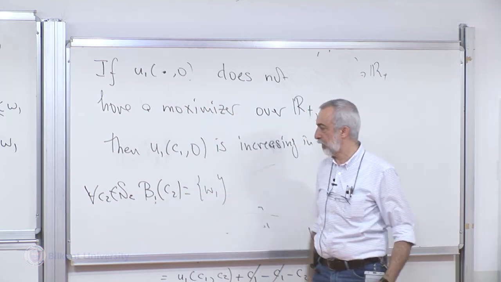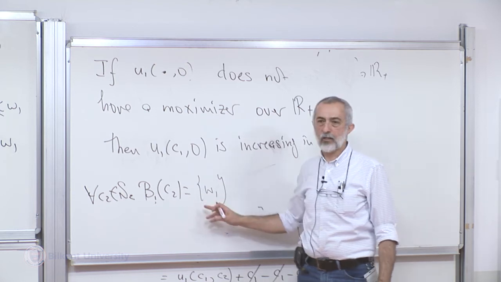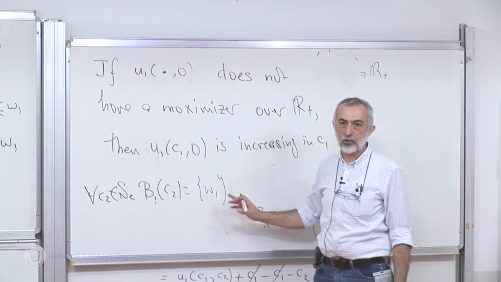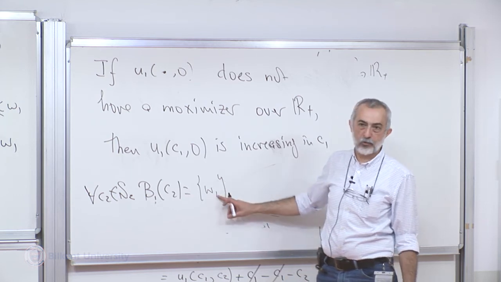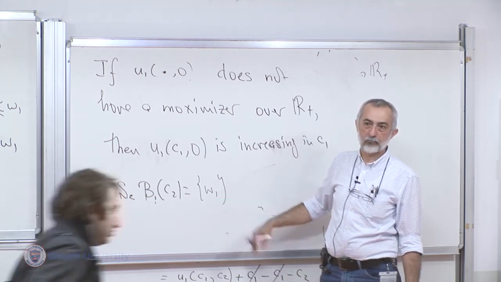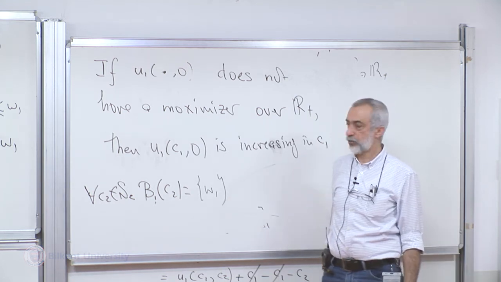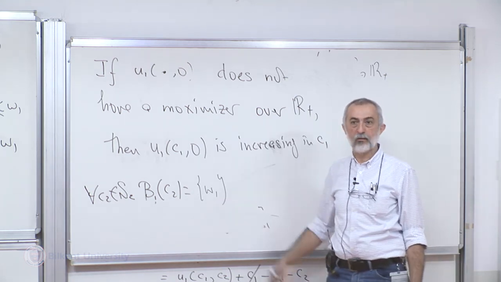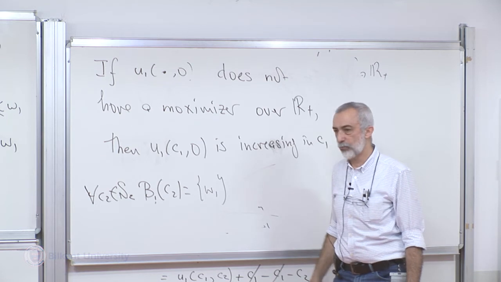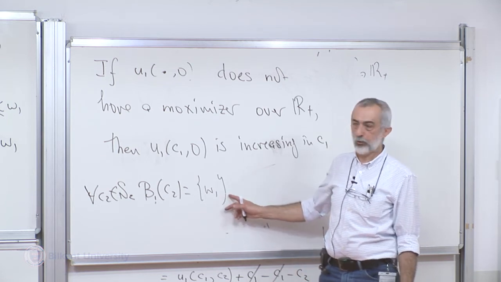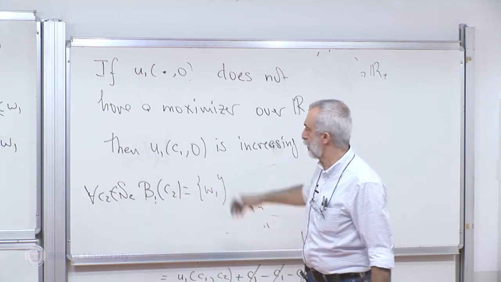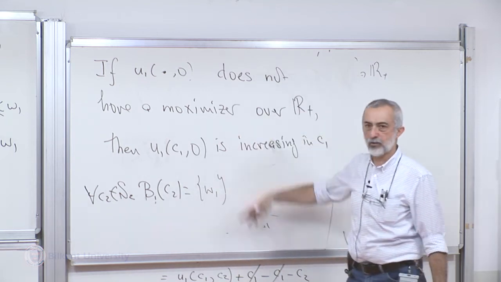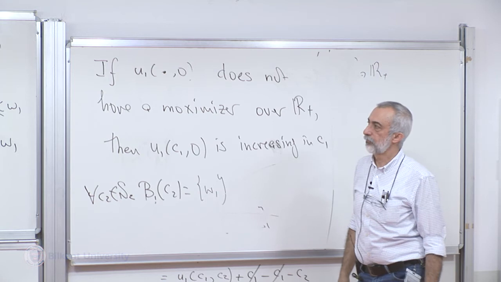The best response of player 2 to any strategy of player 1 is W2. Actually, in this case, we have strictly dominant strategies, right? Player 1 has a strictly dominant strategy of playing W1. Player 2 has a strictly dominant strategy of playing W2. But this is a very exceptional, very extreme case. So let's not worry about this case. It's very trivial.